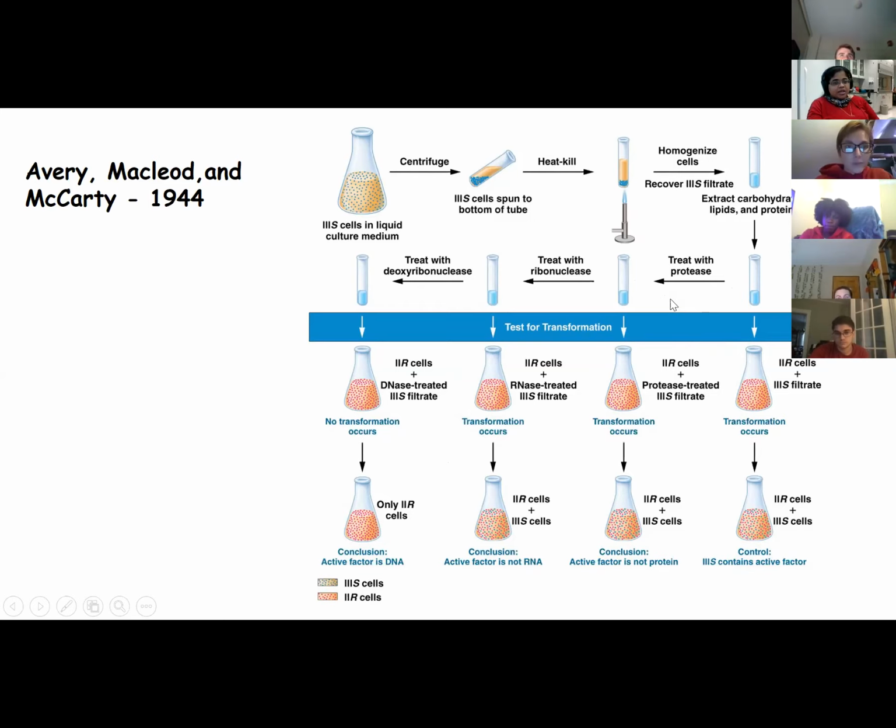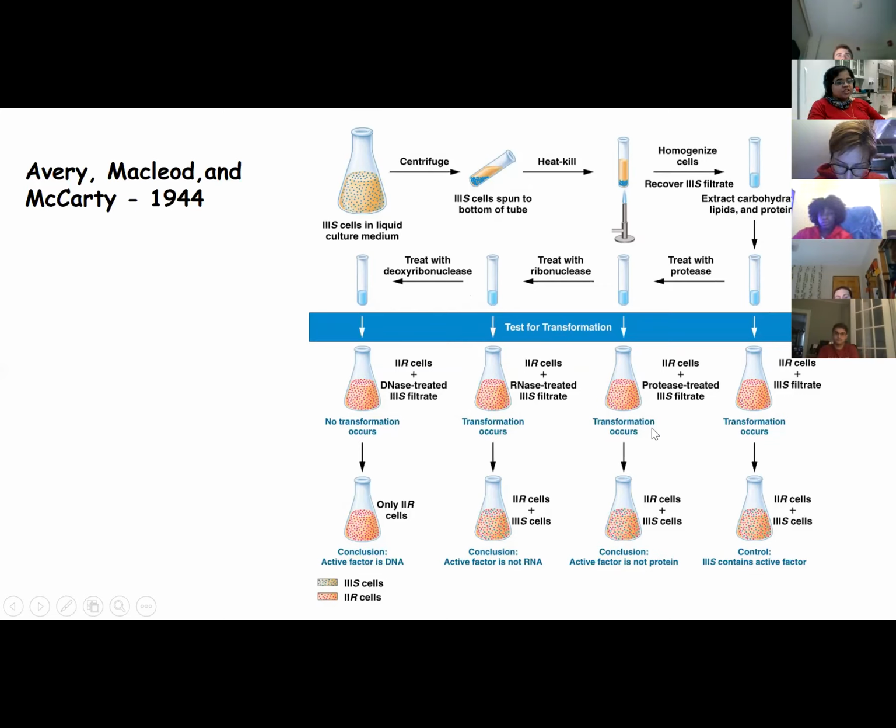So they did a process of elimination here. First they took all the carbohydrates, lipids, and proteins and put them into the filtrate with the R strains. They saw that transformation was occurring, so there is an active factor in there.